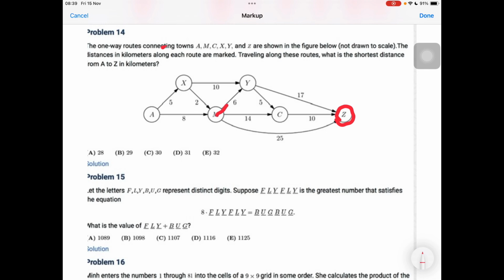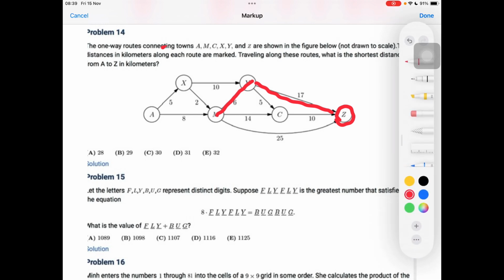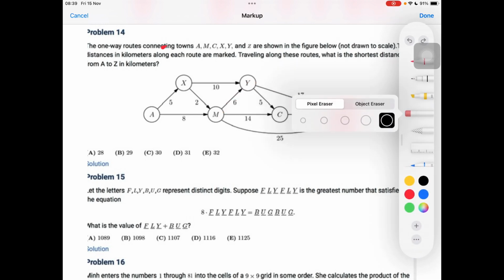So at this moment, this is the shortest. Let's say from M, or so this is 23, and let me.